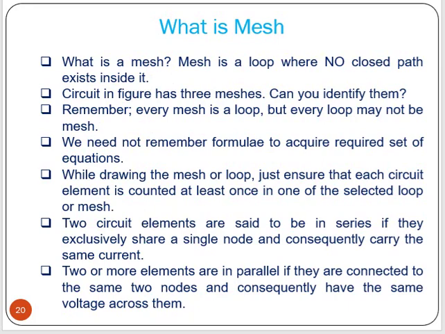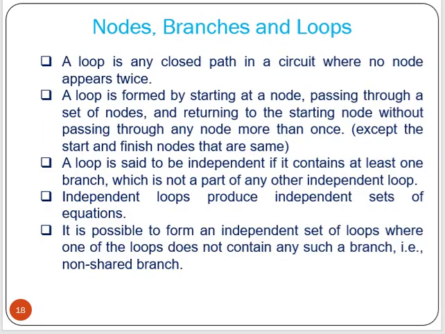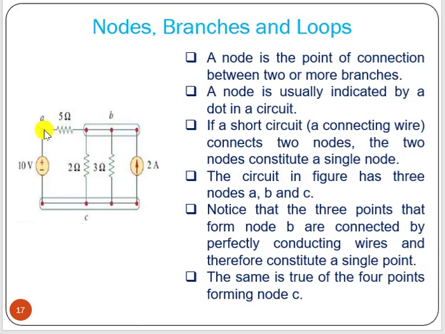Now what is a mesh? A mesh is a loop where no closed path exists inside it. That means, if we consider from A this outer loop, is this a mesh or not? This is not a mesh because it has two other loops inside: A, B, 3 ohm resistor and voltage source, and again A, B, 2 ohm resistor and voltage source.